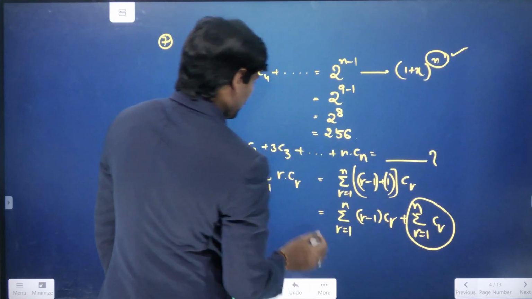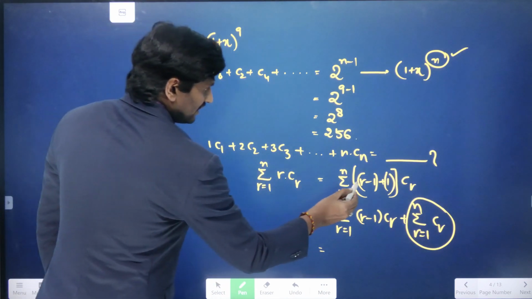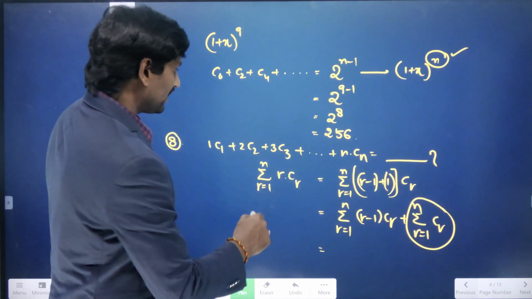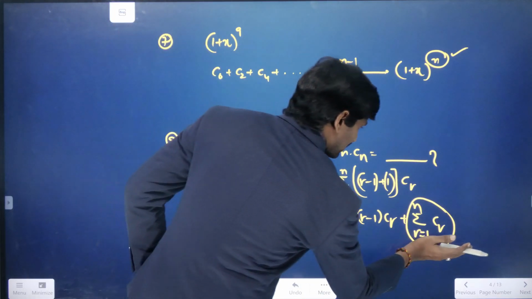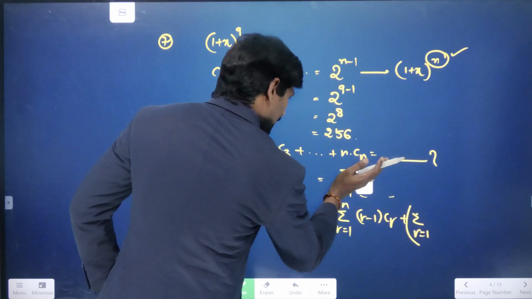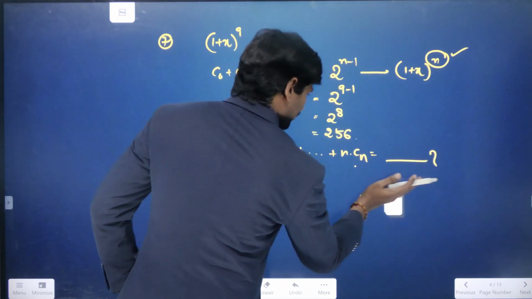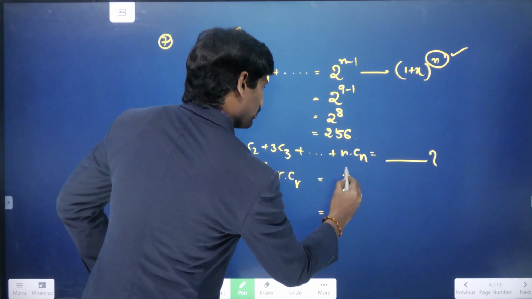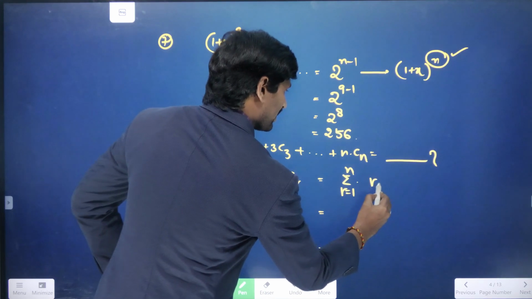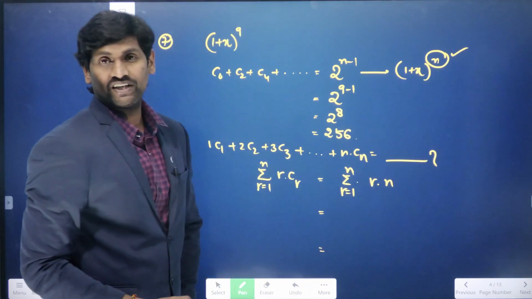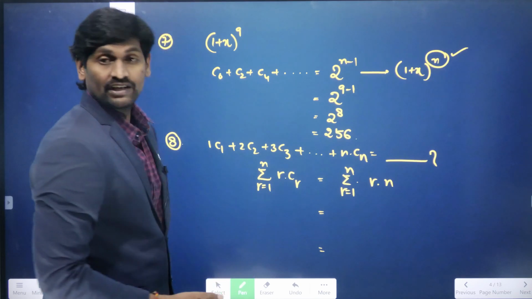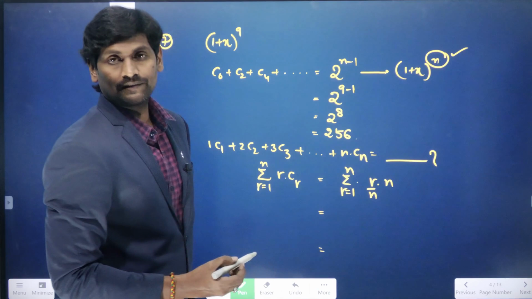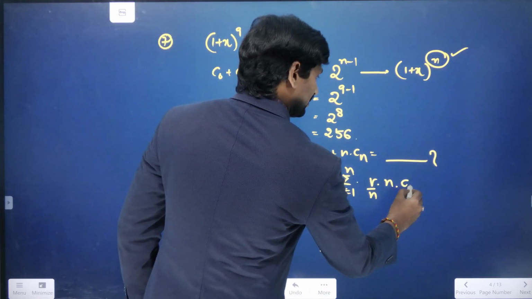While you are writing here, we are writing r minus 1 plus 1, no? Instead of writing that, we can write in a different manner: sigma r equals 1 to n, r into, I am just multiplying and dividing by n, into Cr.